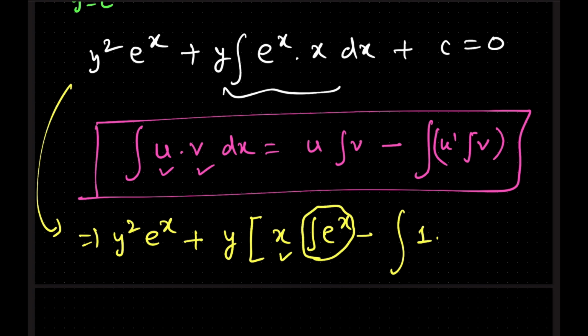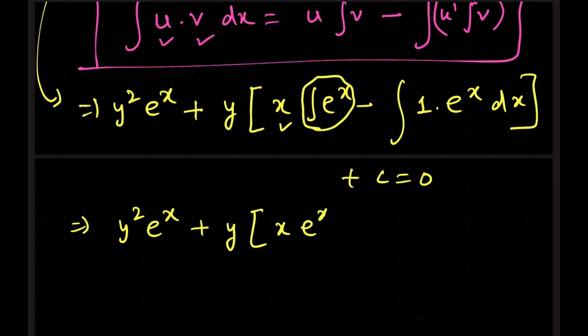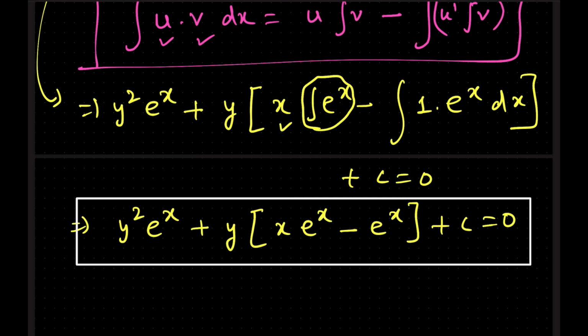Integration of e^x is e^x, then dx, so plus c equal to 0. Now the next step will be y square e^x plus y times, you get here, x into e^x minus e^x, plus c equal to 0. So this is our final equation, the final solution of our differential equation.